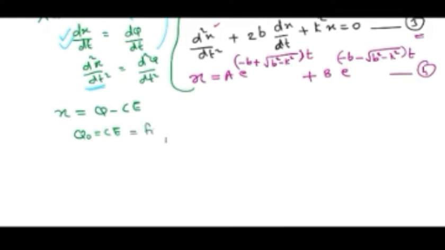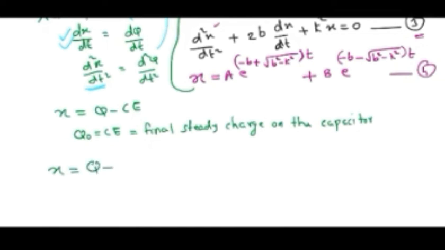Then we can write x at an instant as q minus, instead of this CE, I can write q naught. That is, x is equal to q minus q naught. Therefore, x in equation 4 can be replaced by q minus q naught.